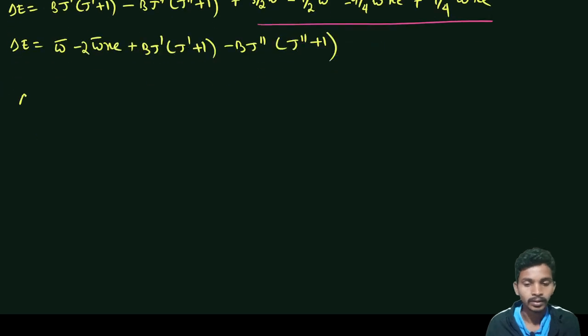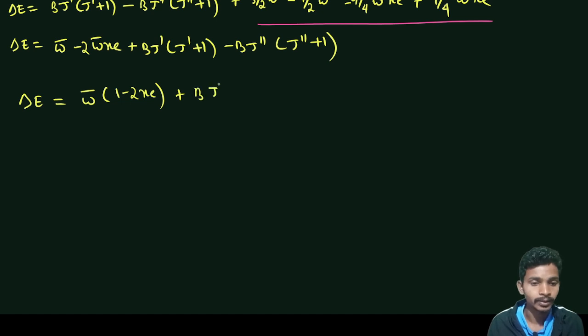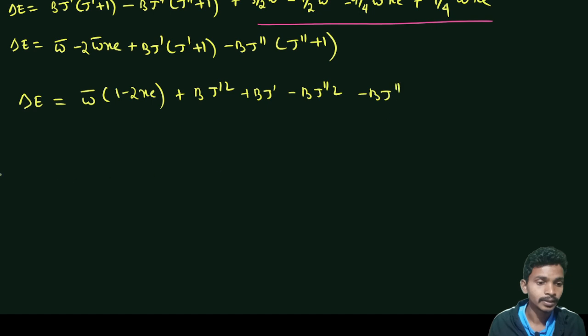Okay, now this delta E, I can write this as omega then 1 minus 2 xe plus B j square plus B j dash square minus B j double dash square, and this again becomes minus B j double dash.